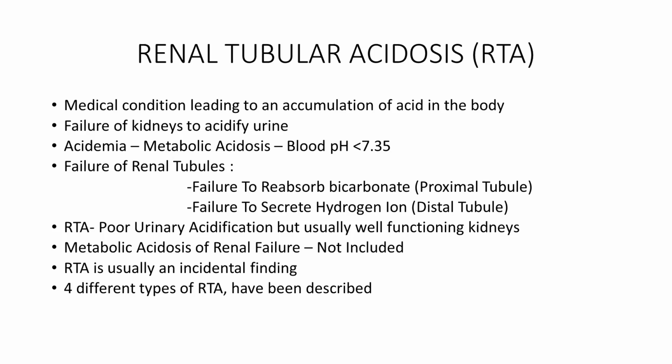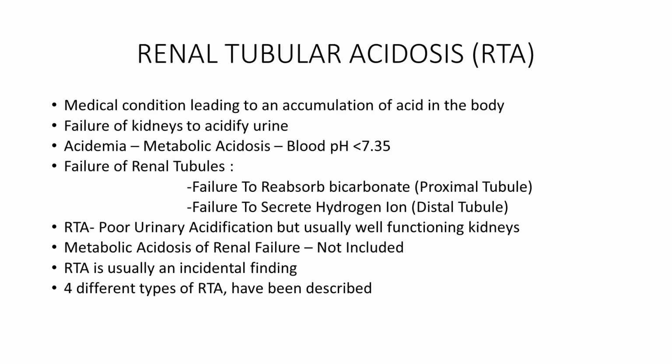I would like to emphasize that there is metabolic acidosis in renal failure also, but the pathophysiology is different from renal tubular acidosis, and metabolic acidosis of renal failure is not included in renal tubular acidosis. Renal tubular acidosis is usually an incidental finding because most of the time the patients do not have impaired kidney function. They usually are referred or come up with the blood reports.